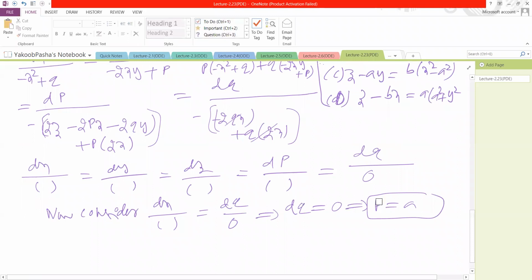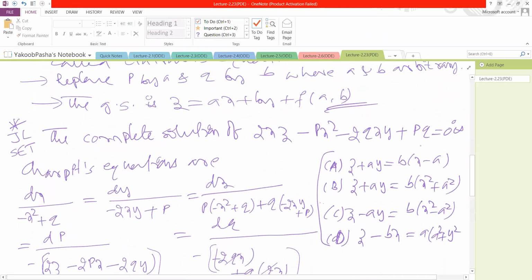So write q is equal to a in the given equation. I am taking this equation as 1.